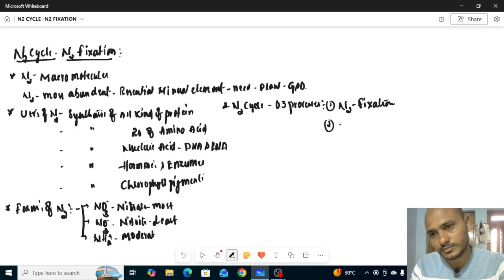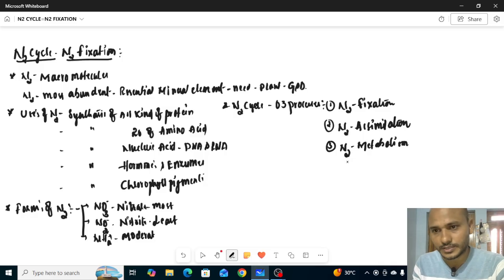The second one is the nitrogen assimilation process. And the third, most important, is nitrogen metabolism. With these three processes, the nitrogen cycle occurs.